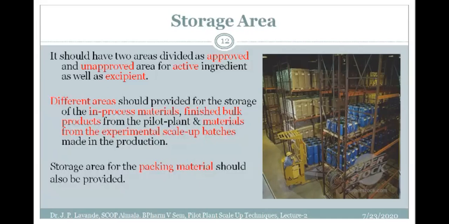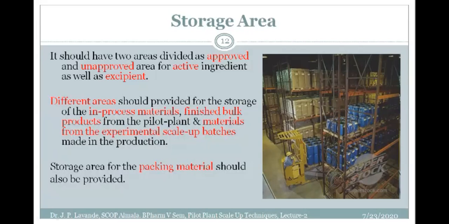It should have two areas divided as approved and unapproved area for active ingredient as well as the excipients. Different areas should be provided for the storage of the in-process materials, finished bulk products from the pilot plant and materials from the experimental scale-up batches made in the production.